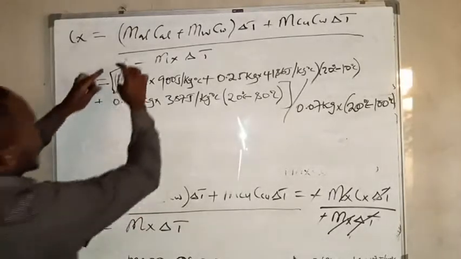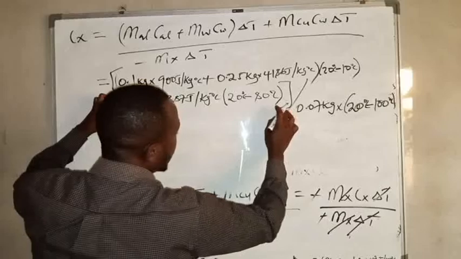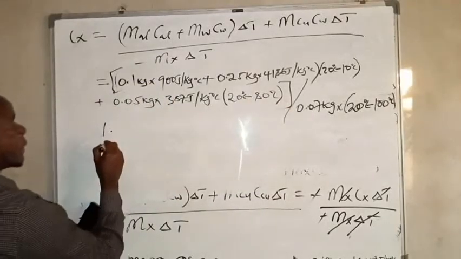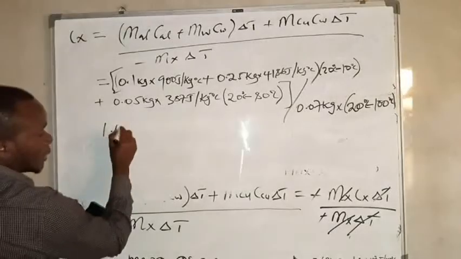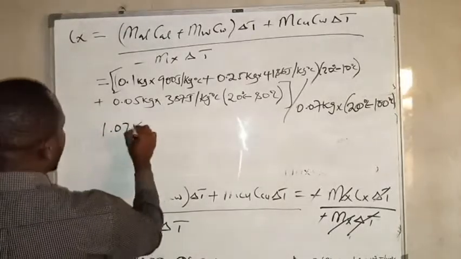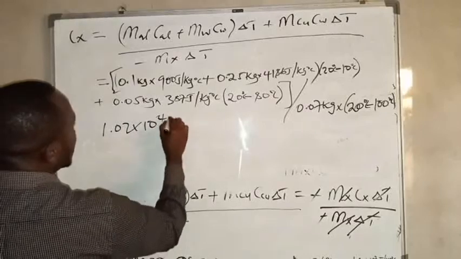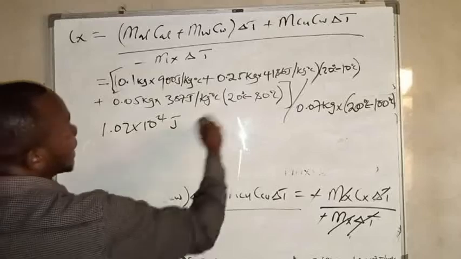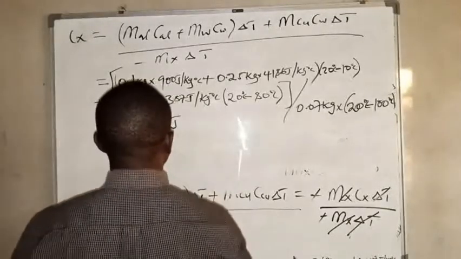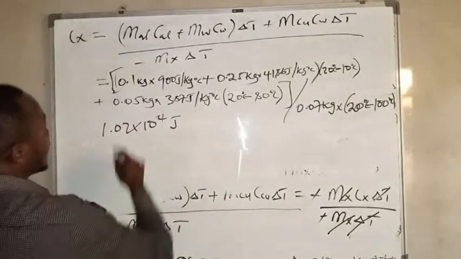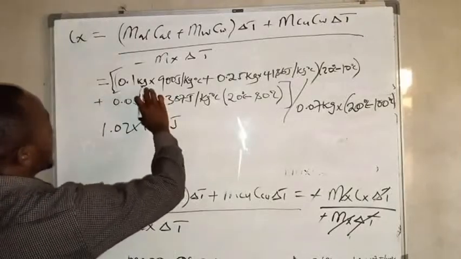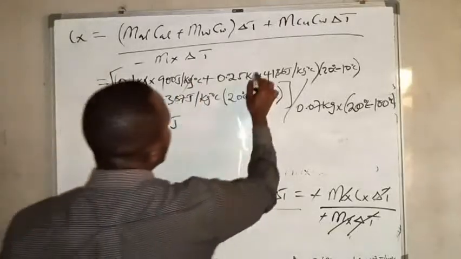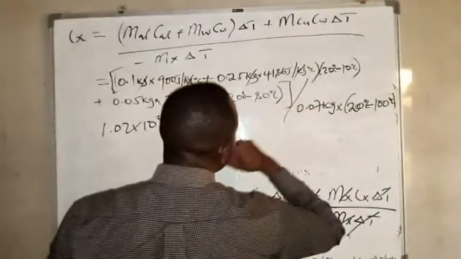So this part, if we punch it on a calculator, we're going to have 1.02 times 10 to the power 4 joules. The kgs and the kgs are going to cancel, and the units for temperature will also cancel.